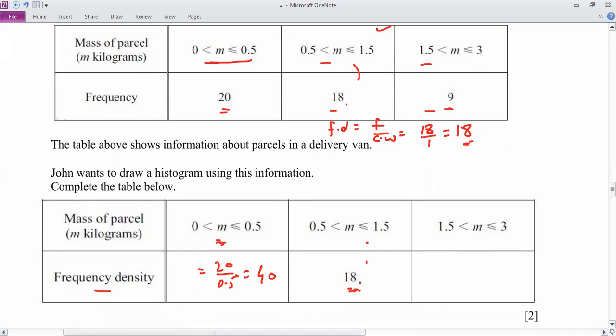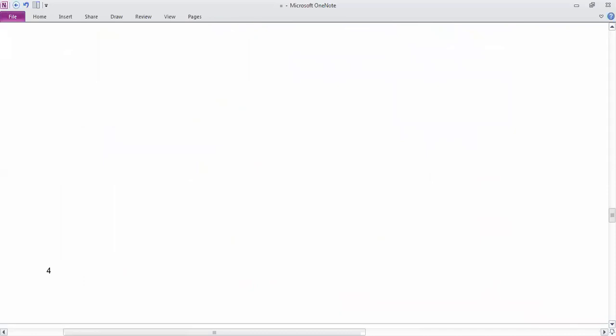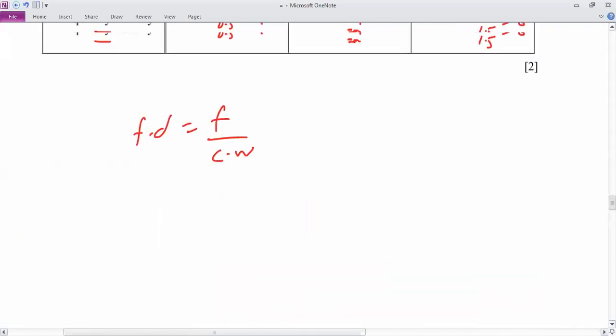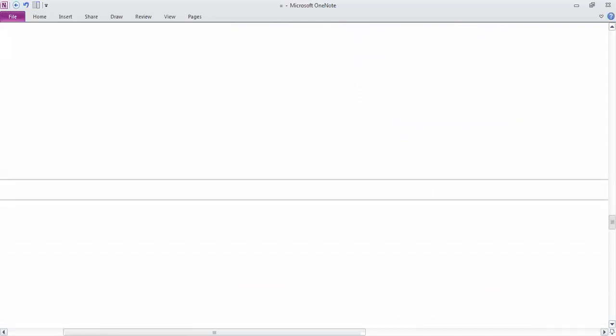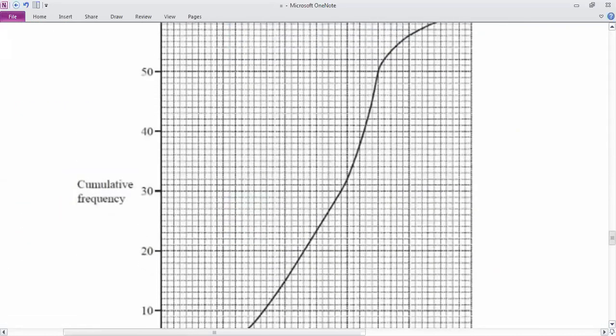For this one, frequency is 9 over class width 1.5. So what will it be? 6, because we use this formula directly. But next, in some cases, we will have to deal with it in a different way. When that comes, I will let you know.